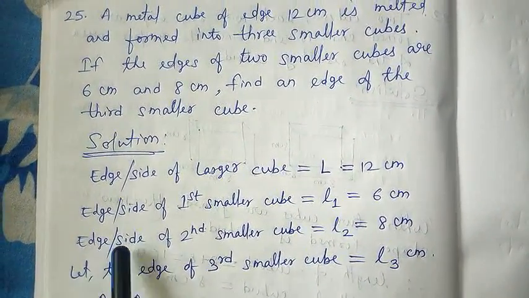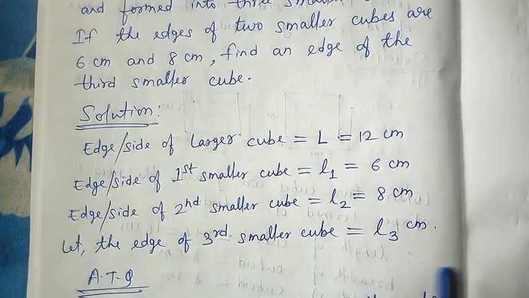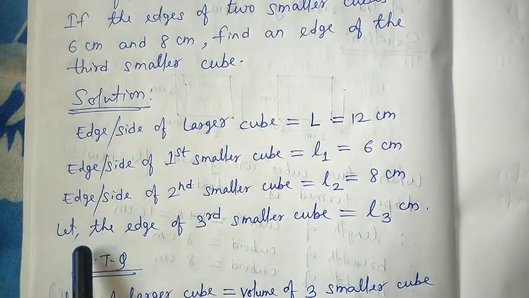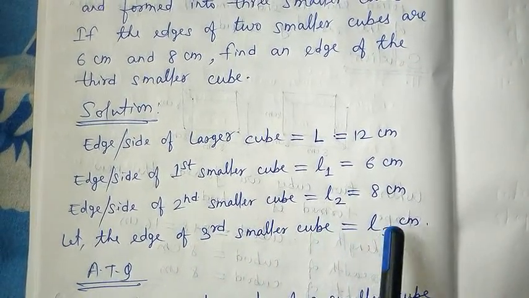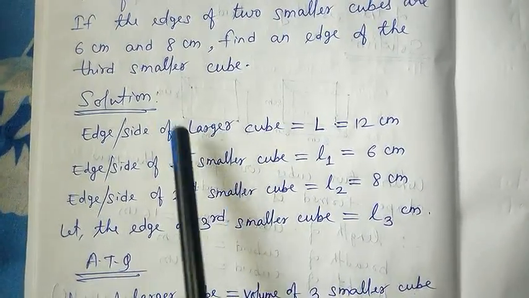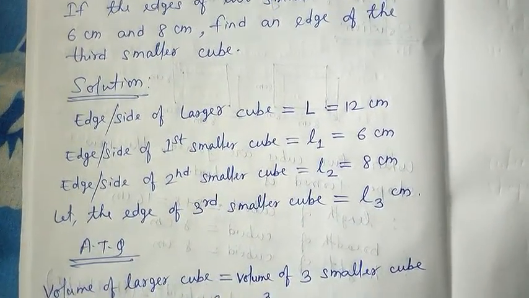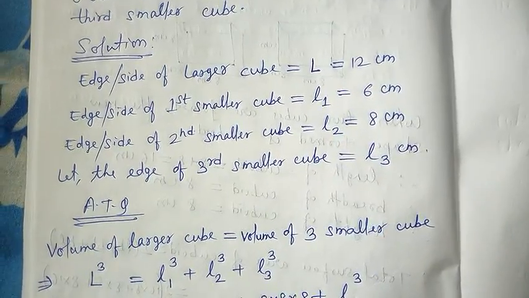Now the edge of the second smaller cube is l2, and that is 8 centimeter. I don't know the third, so let the edge of the third smaller cube be l3. l1, l2, l3. This is a technique of writing, and for larger, capital L.